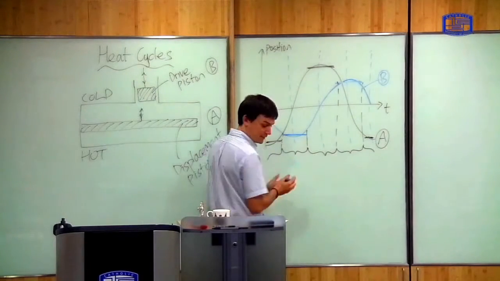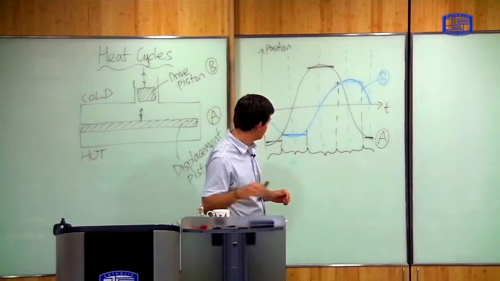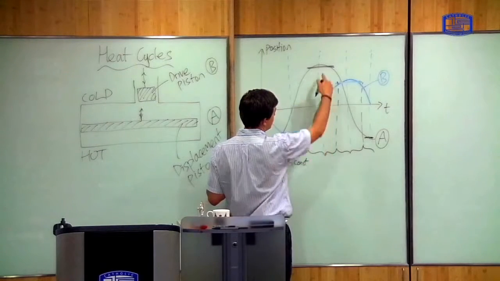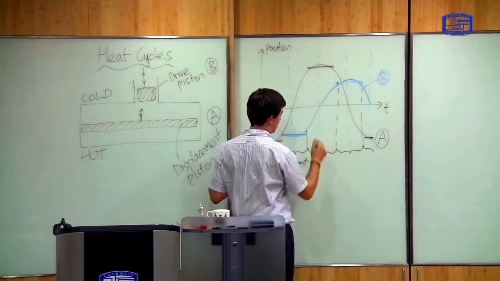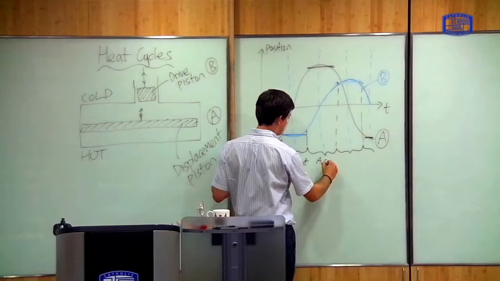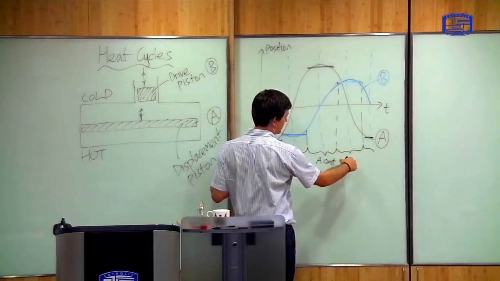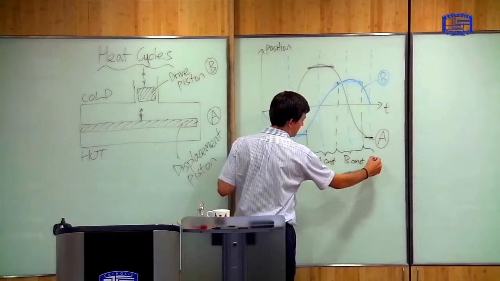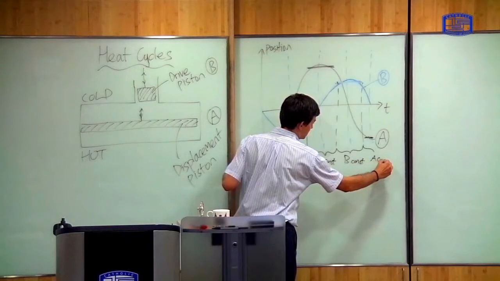For this first stage here, B is a constant. Then for this next stage here, the position of A is a constant. Then the next stage here, again, B is a constant. And then in the final stage, again, A is a constant.